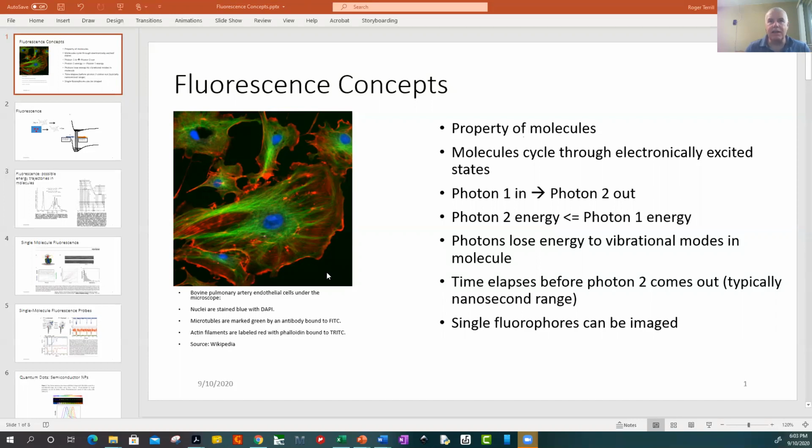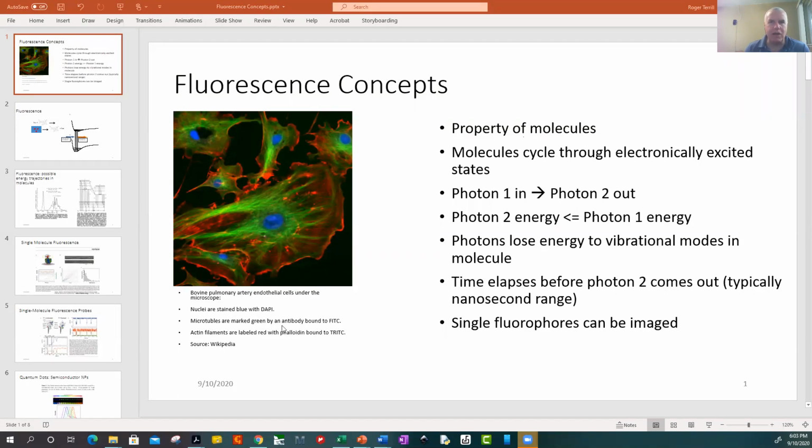And you can see here one of the very earliest uses of fluorophores in science, and that's for staining cells. The interesting thing here is that they have 3 different types of fluorescent dyes, DAPI, FITC, and TRITC.